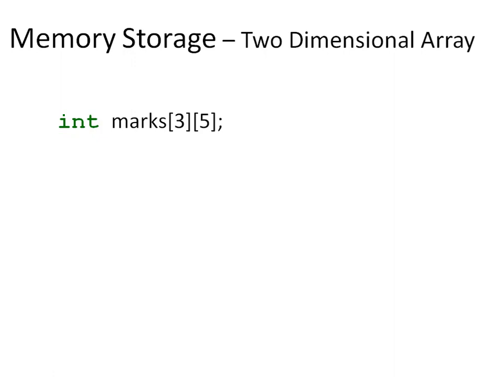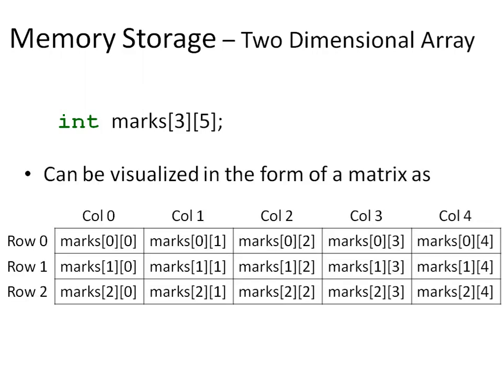Talking about 1D, the storage is easy to understand. But in case of a two-dimensional array, which we usually visualize in the form of a matrix, the storage is a bit different. The array elements in case of two dimensions don't get stored in the way they are visualized.